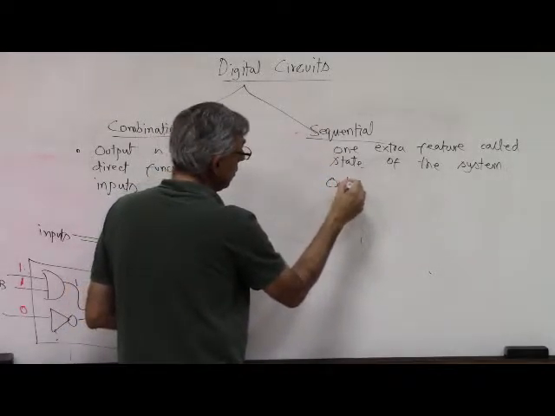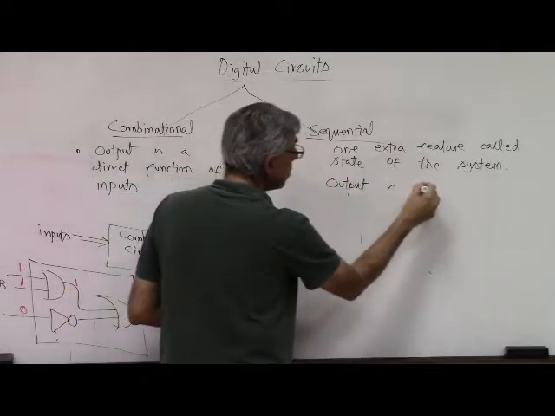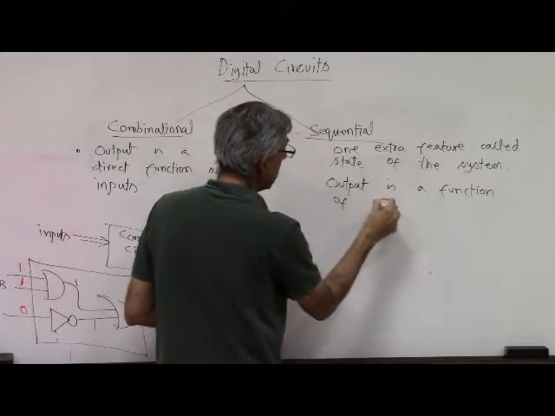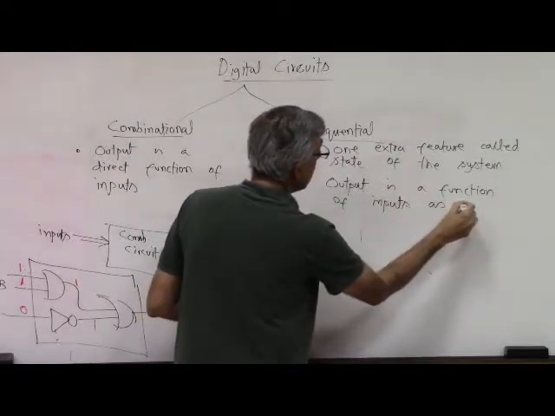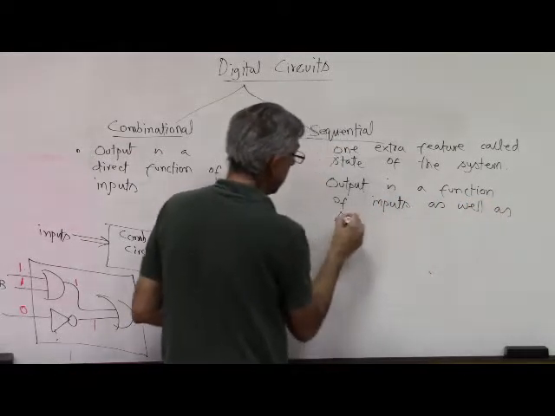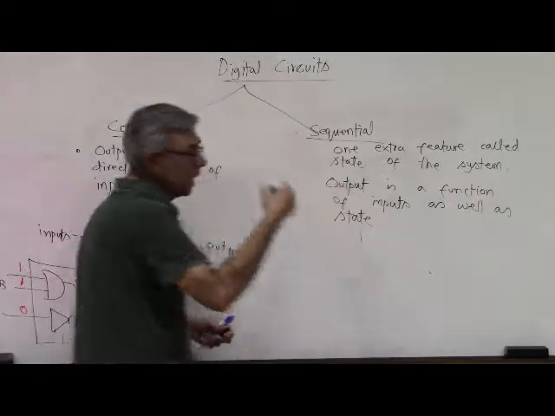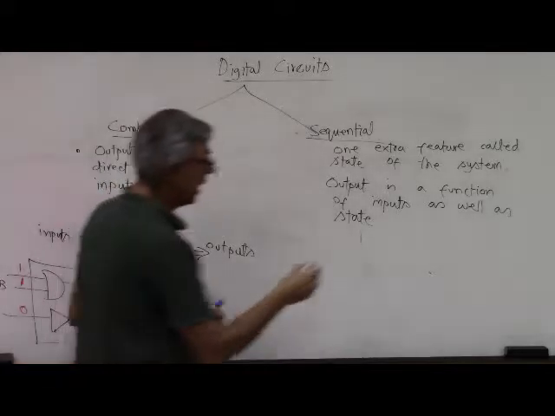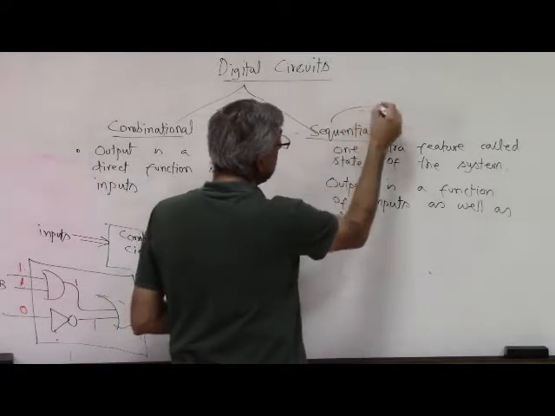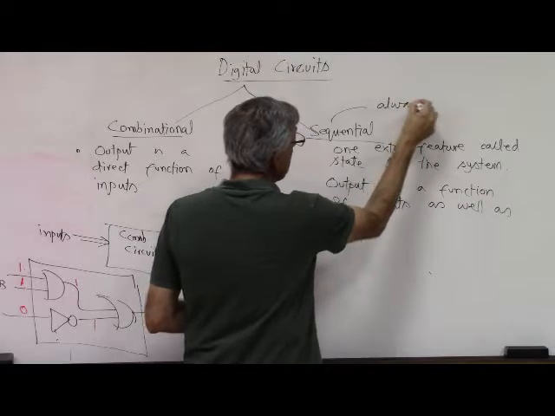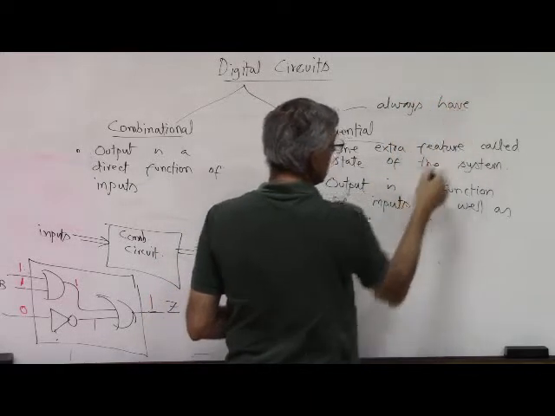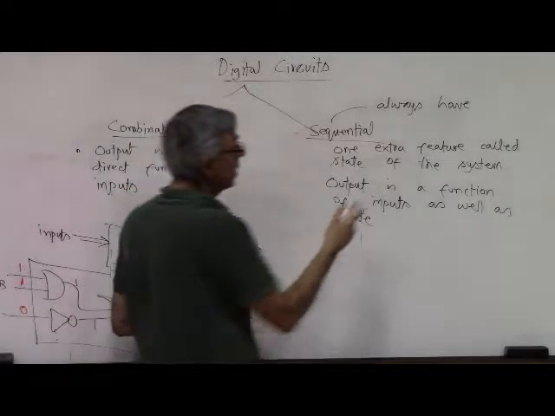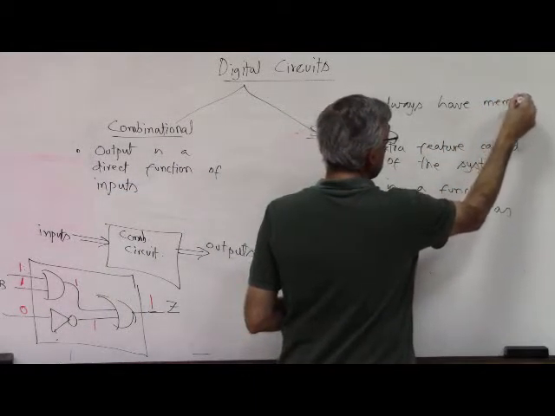The easy thing to remember is output is a function of inputs as well as state. Think of state like past history or something. By the way, sequential circuits always have memory. Because the state is like a history, we have to store it somewhere, so they always have memory.